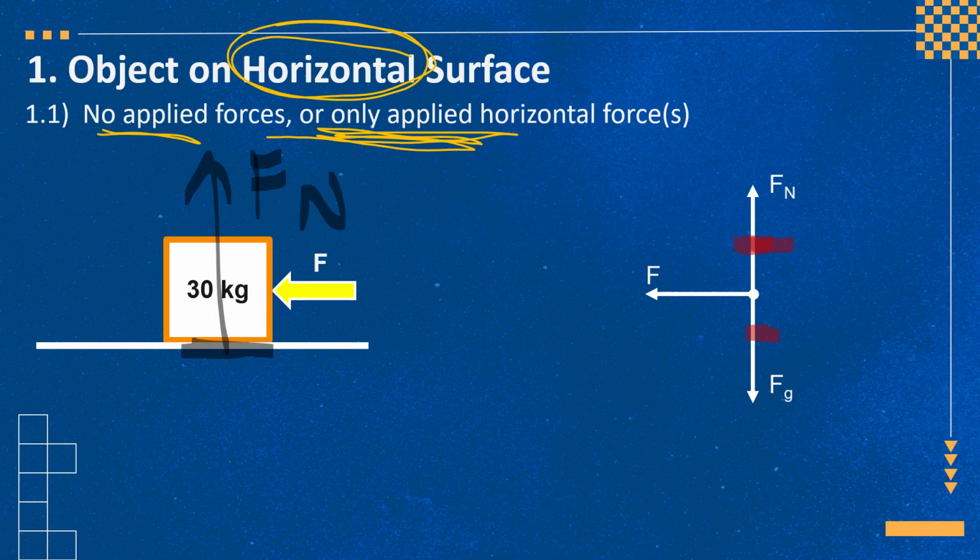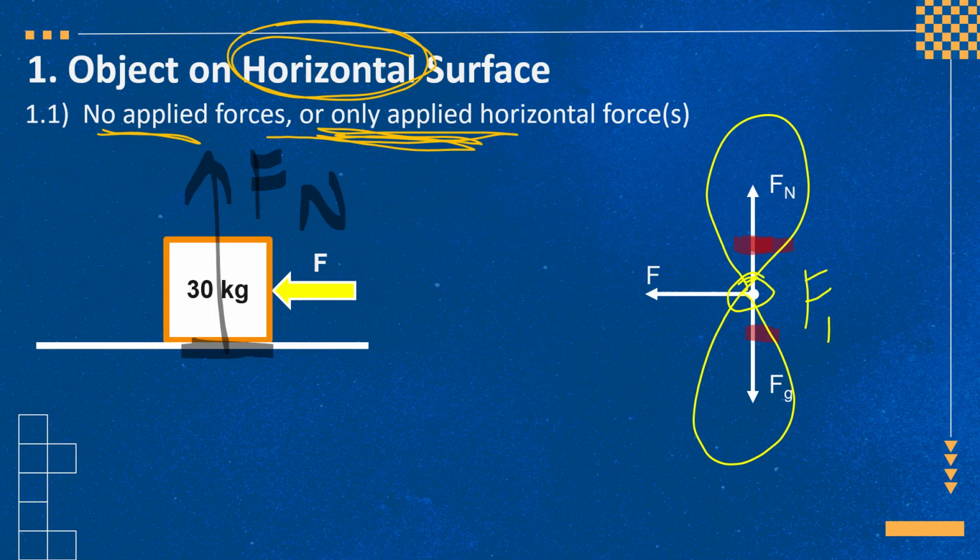Because in grade 9 we learned about balanced forces, and we know that if an object is stationary like this box, then all the forces up cancel out all the forces down, and that is why this object stays on that horizontal surface. Yes, it can move horizontally, but it will not move vertically. And because it's not moving vertically, you know that the normal force and the gravitational force are equal in magnitude, opposite in direction, and that is why these two forces are called balanced forces.